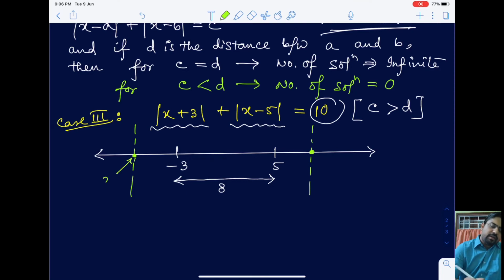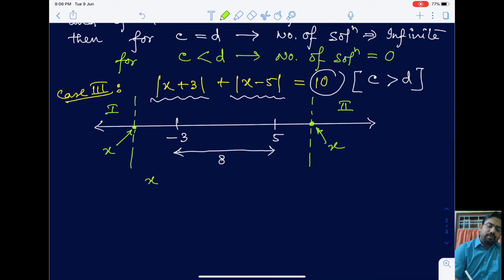Based on our previous explanation for case number 1 and case number 2, we can tell that x can lie in region 1 or region 3. If x is less than -3, that region is also possible for x, because this much distance is mod of x plus 3 and this much distance is mod of x minus 5, and the sum of these two is greater than 8, so it may be equal to 10.